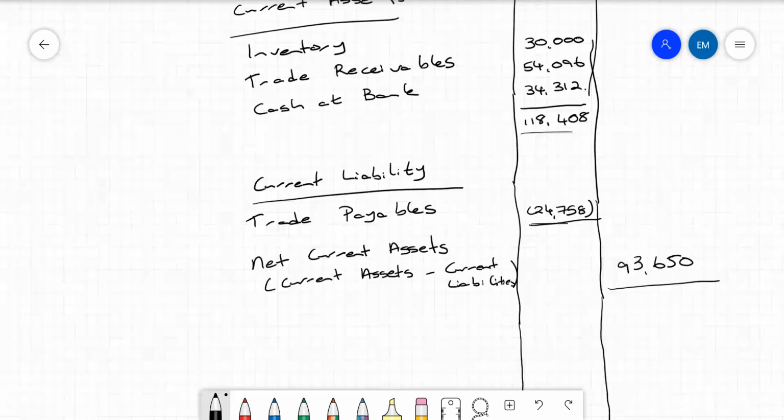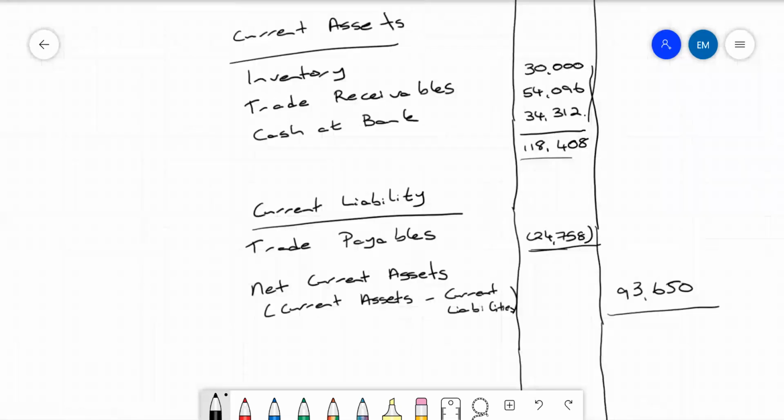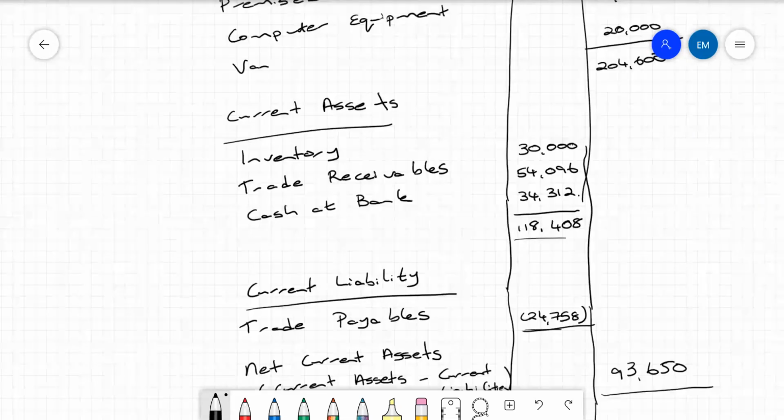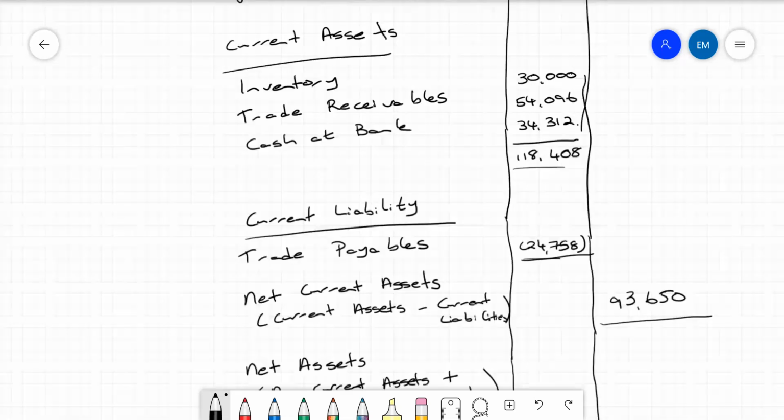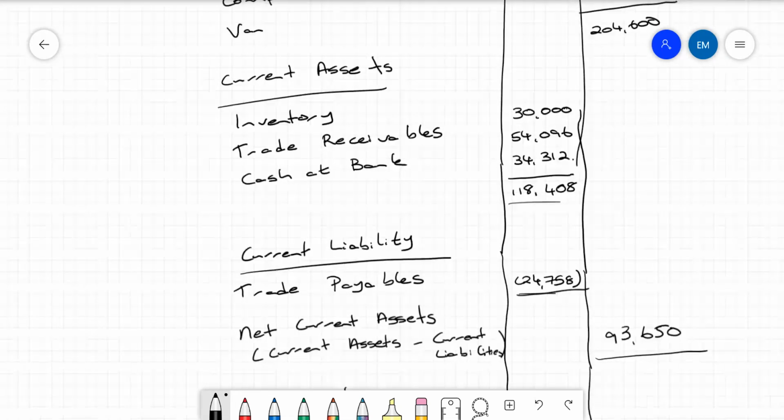And the next thing that we do in the statement of financial position, we simply add on our net current assets to our non-current assets, and that will give us a net assets figure, which is our non-current assets plus our net current assets. So our non-current assets is 204,600.